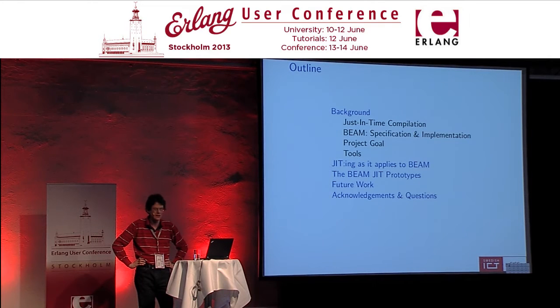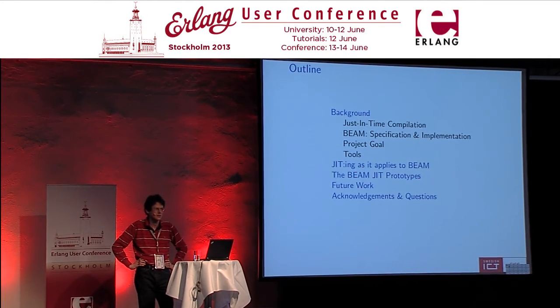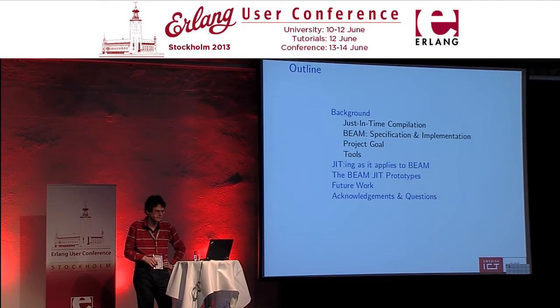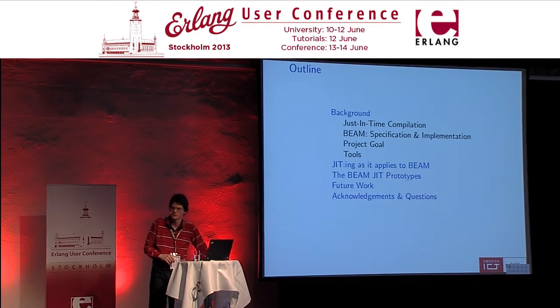When that is done, I'll go into details about how jitting can be done for BEAM. Then I'll walk through the evolution of the BEAM JIT before I wrap up with some future work and questions at the end.